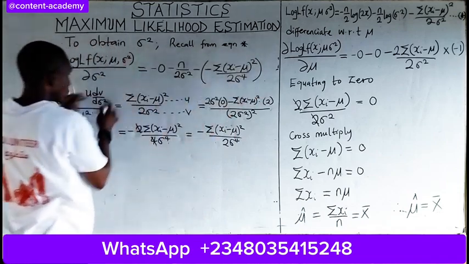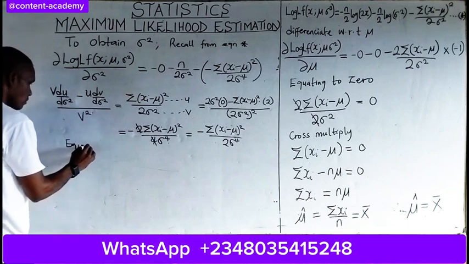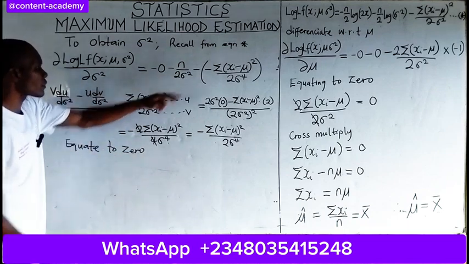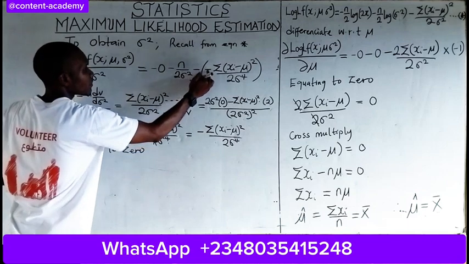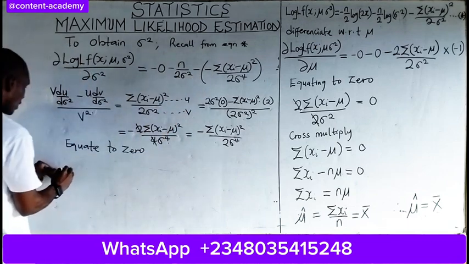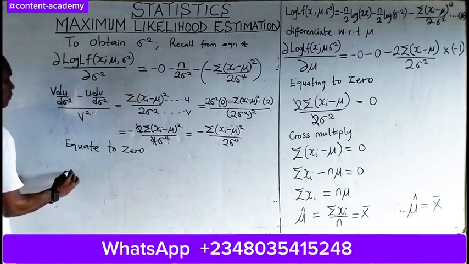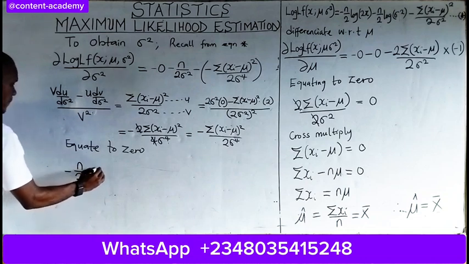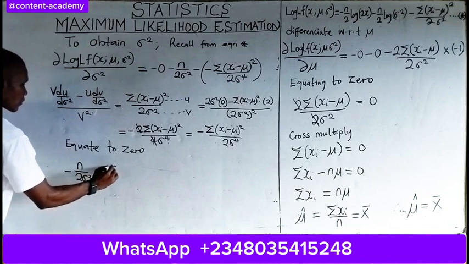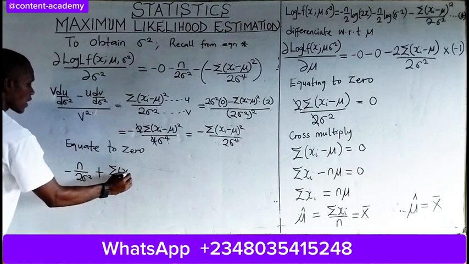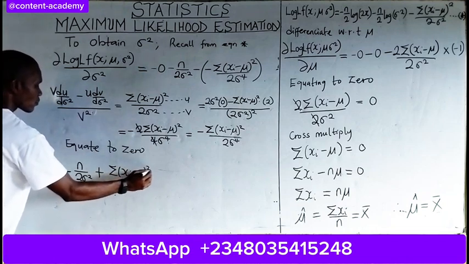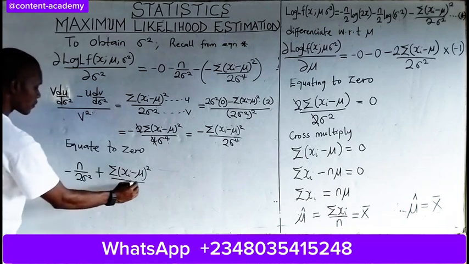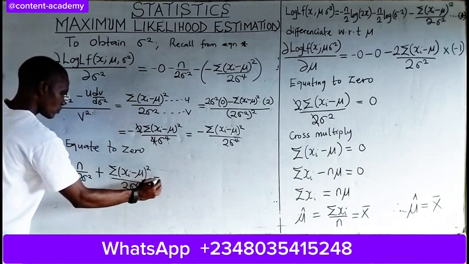The next thing we do is to equate to 0. If we equate to 0, that means this multiplied by this will give us a positive sign. So we have negative n all over 2 sigma squared plus summation of (xi minus mu) all squared all over 2 sigma raised to the power of 4 is equal to 0.